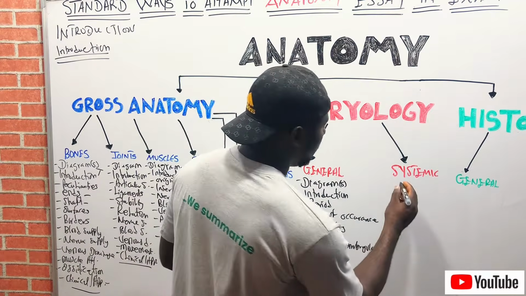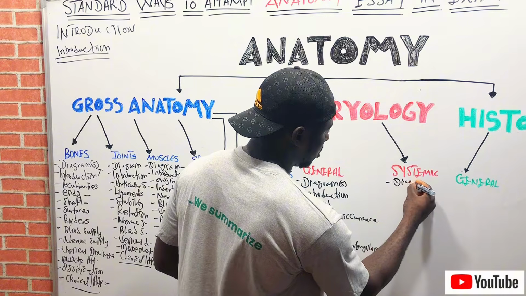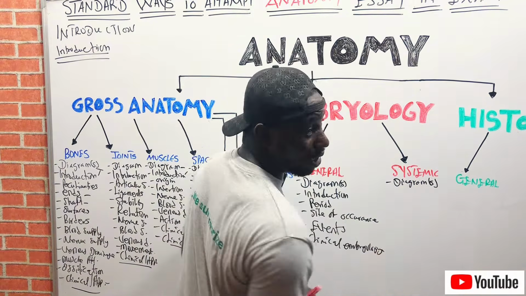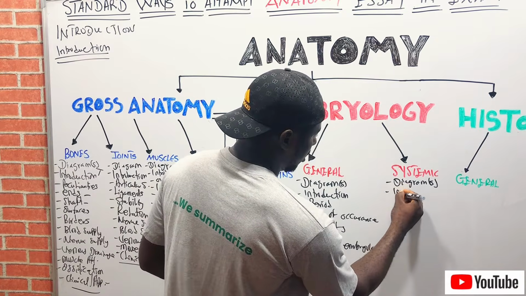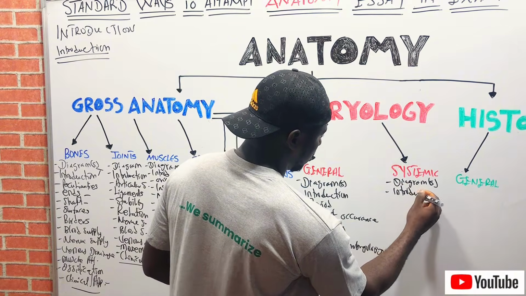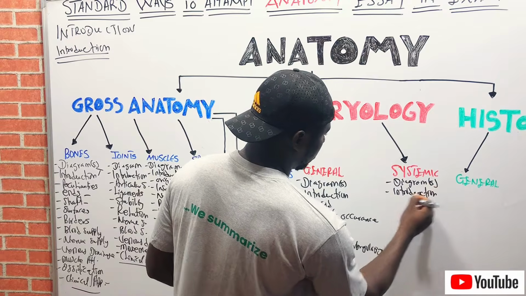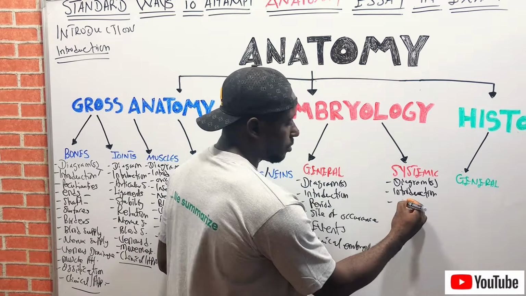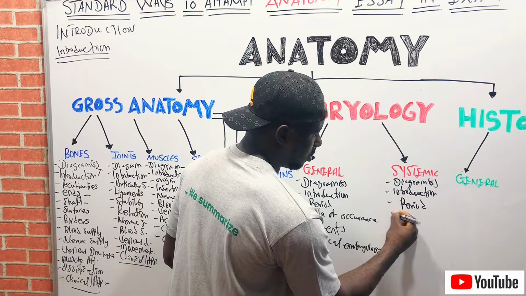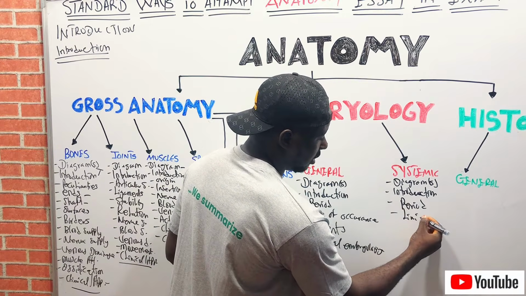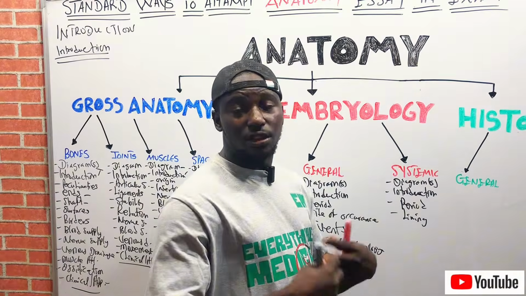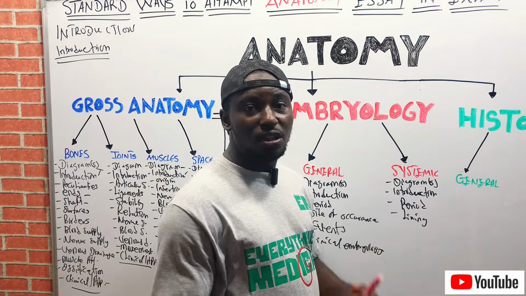On the systemic, diagram will also come first. It is more than one diagram. Introduction. Now the next is the period and lining, the epithelial lining, right? Is it endoderm, is it mesoderm, or ectoderm?